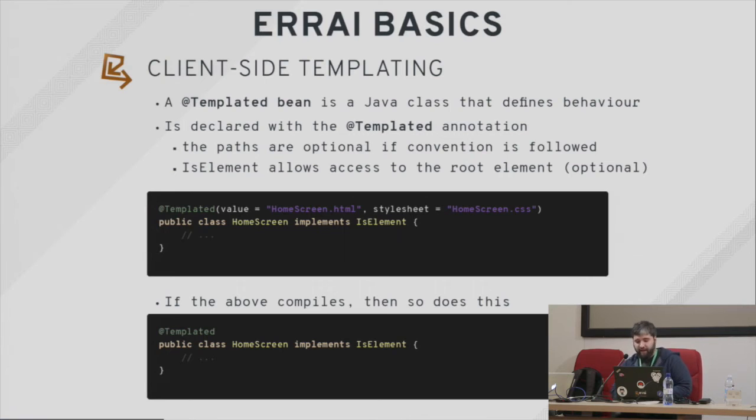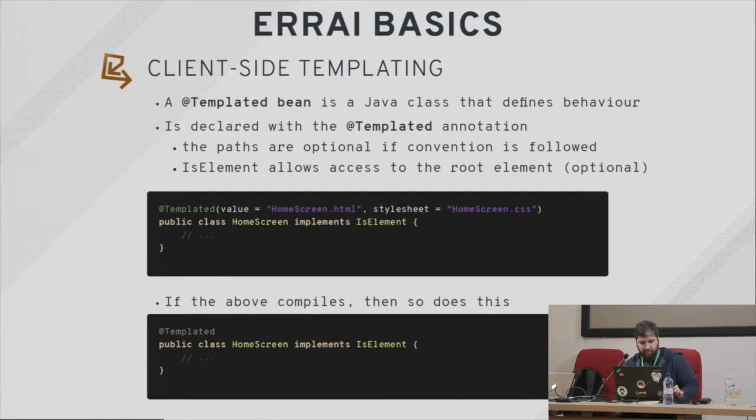Once you have your template files, you can declare a templated bean by adding this templated annotation onto a class. There are a couple things going on in this top example. The templated annotation has attributes that you can use to specify where your template files are. In this case, these are interpreted as relative paths.